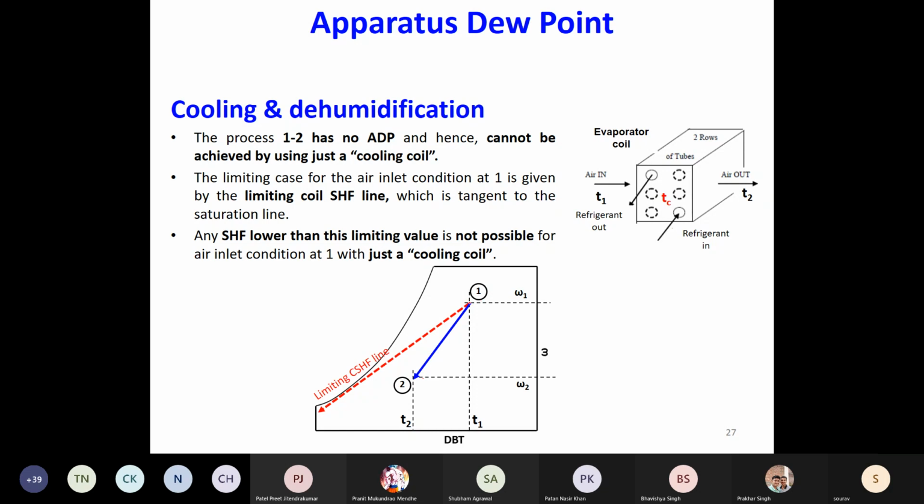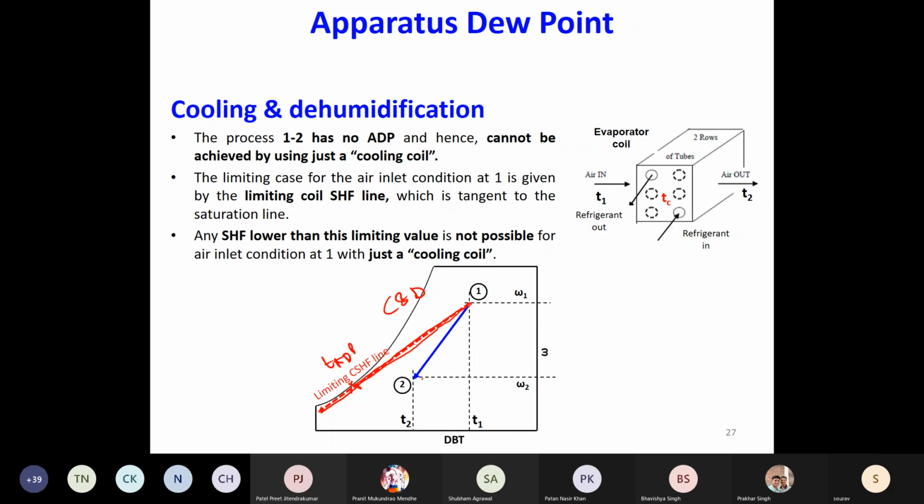At every given inlet condition, if you draw a tangent to the RH equals 100% line, that gives you the limiting coil temperature and the limiting process line, which you can attain by using one single cooling and dehumidification coil.